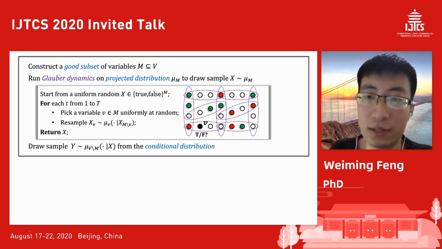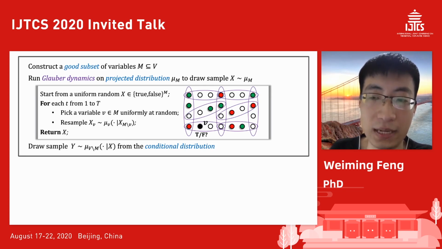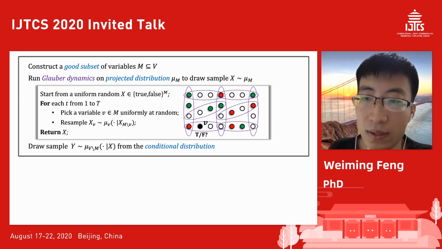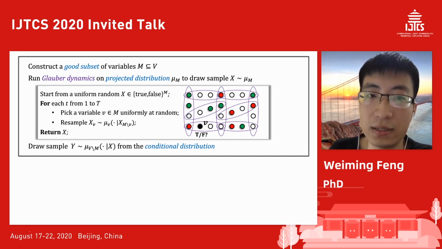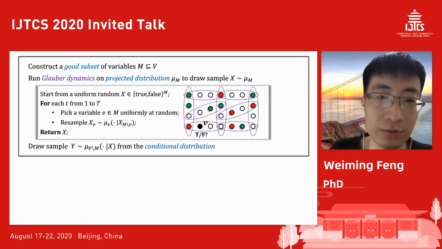We initialize each variable in M uniformly at random. In each step, we pick a random variable v in M and update the value of v conditioning on the assignment of other variables. The key point is that we only use global dynamics on the projected distribution mu_M rather than the original distribution mu.